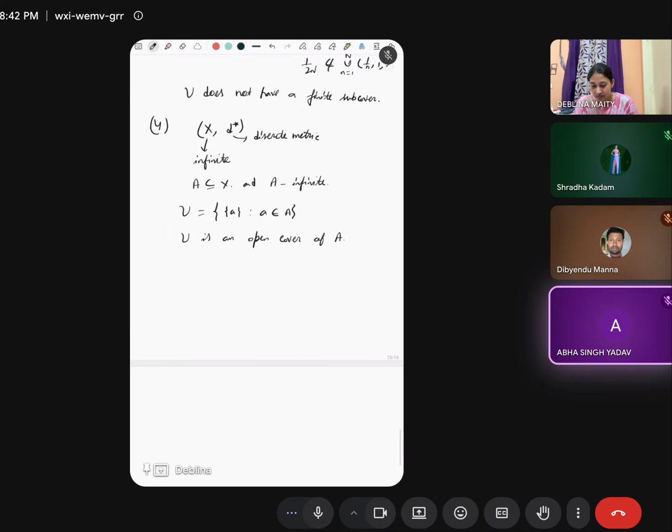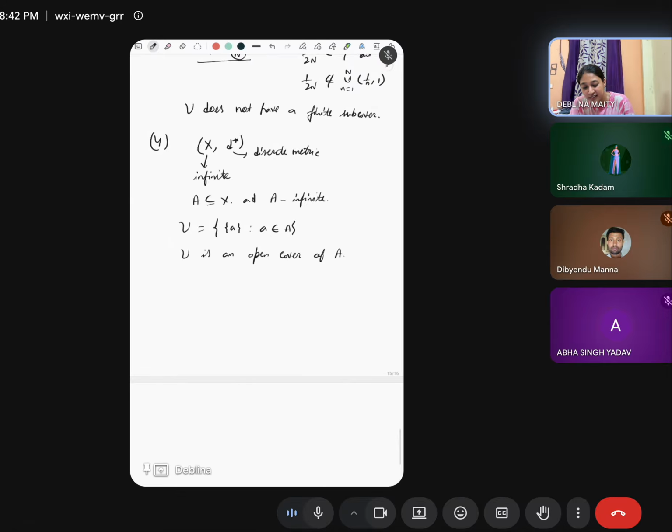Okay, so here this U is an open cover of A, and any finite subcover of U is finite, right?